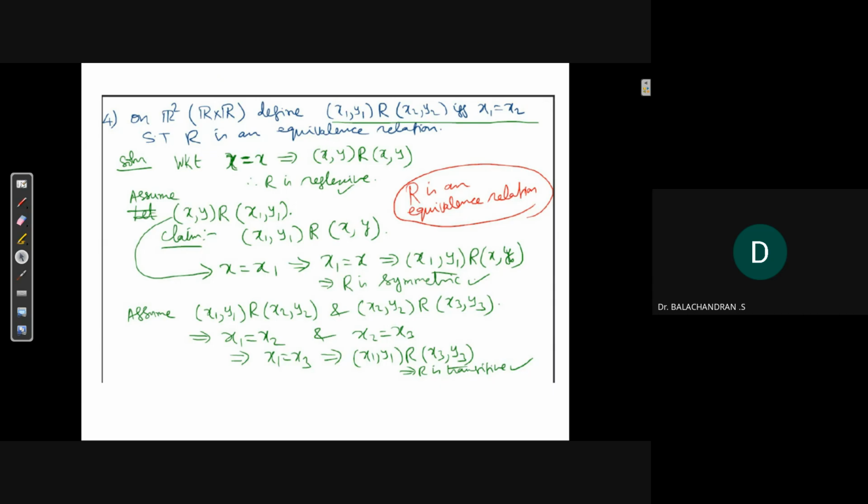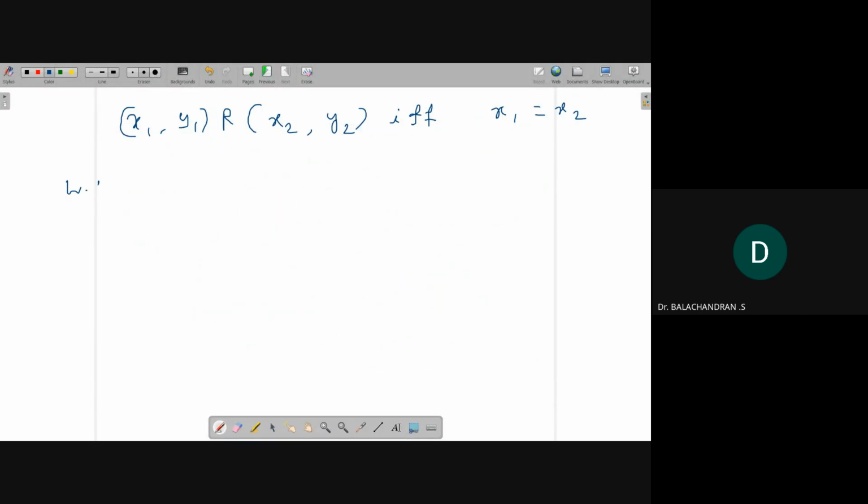So we know that x is equal to x. So x1 equal to x2 implies x1 comma some y1 are related to x2 comma y2. So x is equal to x implies x comma some y is related to the same x here.